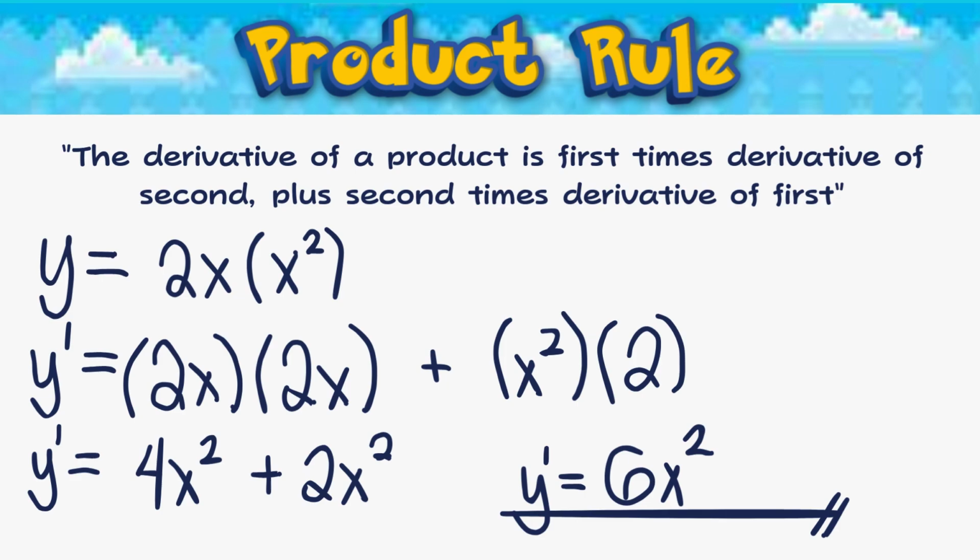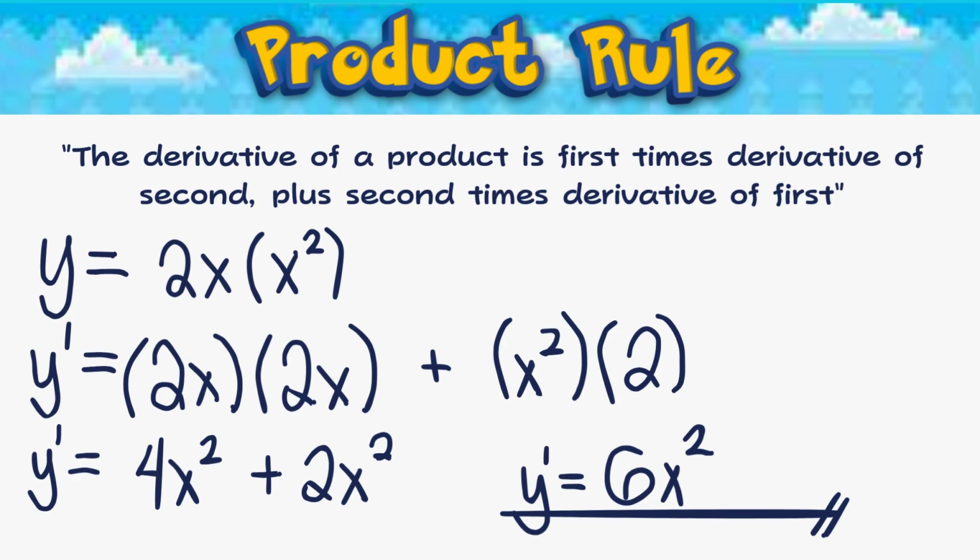So y prime is equal to 2x times 2x plus x squared times 2. Then do the following operations. 2x times 2x is equal to 4x squared, and x squared times 2 is equal to 2x squared.